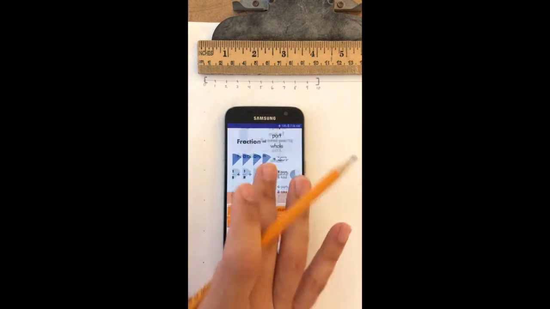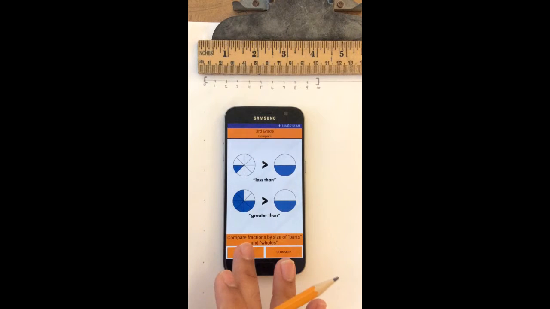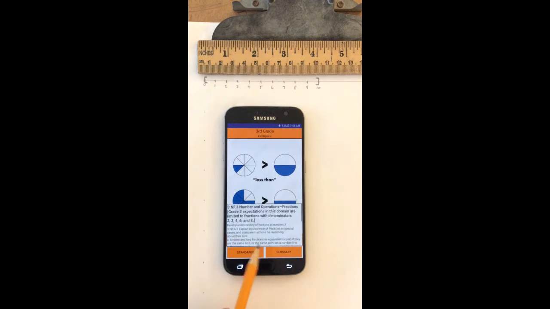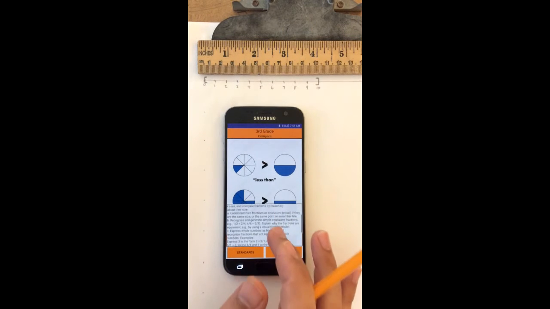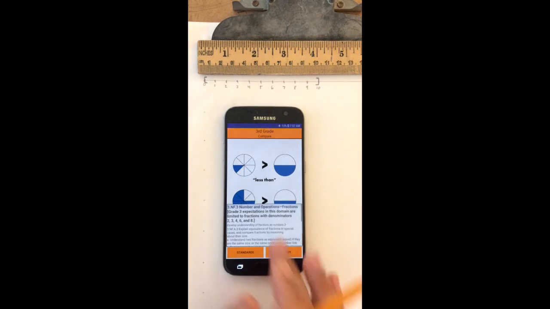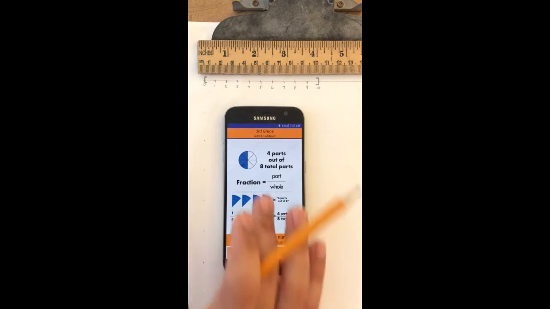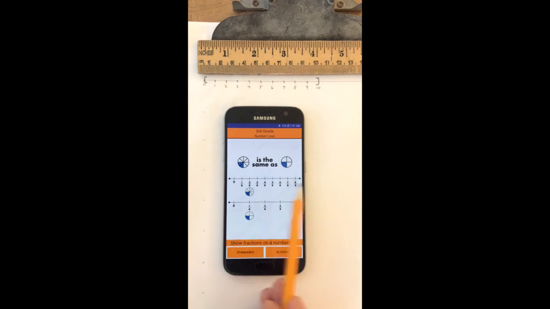However a student decides to show their understanding or explain equivalence, and show their understanding of what these ideas are, in comparing, adding, subtracting, and creating number lines, is not detailed in the standards themselves. How a student learns and when a student learns isn't determined by the standard itself.